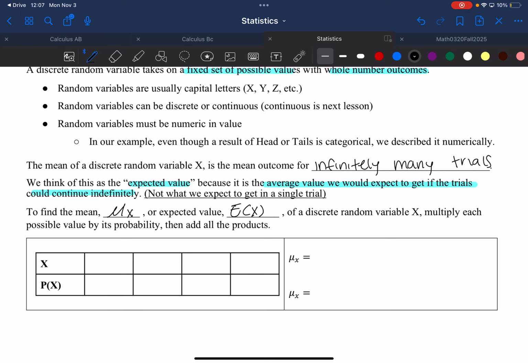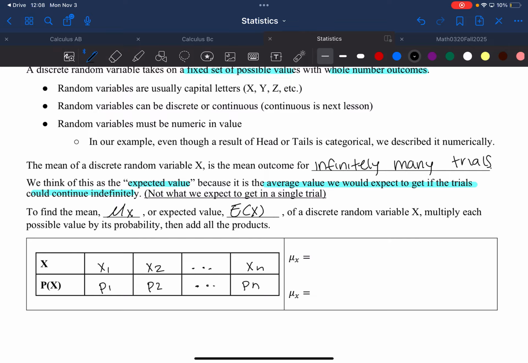So what that means is, let's say I have my table here, and I have x1, x2, ... xn. Okay? These are all my possible x values. And then on the probabilities, these are all the probabilities that correspond to it. So P1, P2, all the way to Pn.